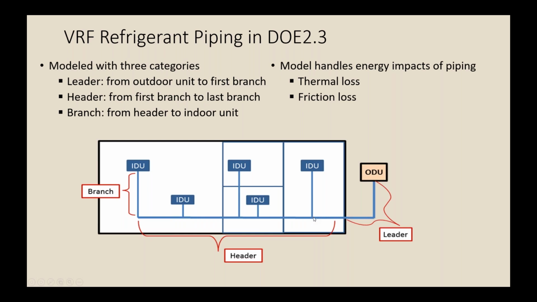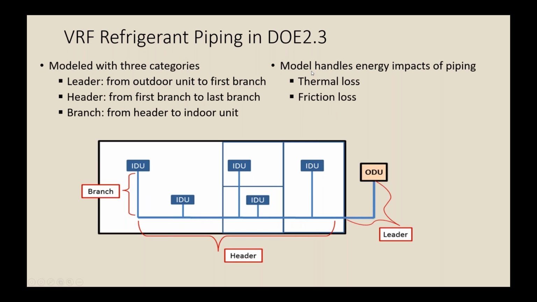And then there's the header, which is the length of pipe from the first branch to the last branch. And then there's the branch, which is the length of pipe from this header to any individual indoor unit. So each indoor unit has its own length of branch that can be defined.